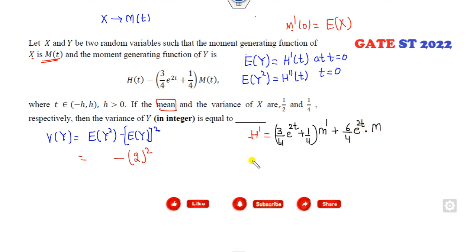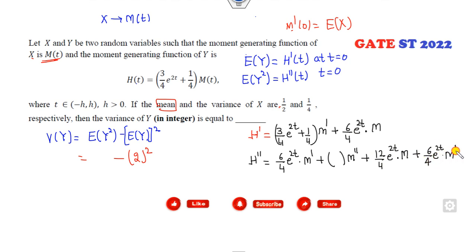This is the first derivative. Now what is the second derivative? Again it's 6 over 4 e raised to power 2t into m dash plus the same value with m double dash. Again this is 12 over 4 e raised to power 2t into m plus 6 over 4 into m dash.